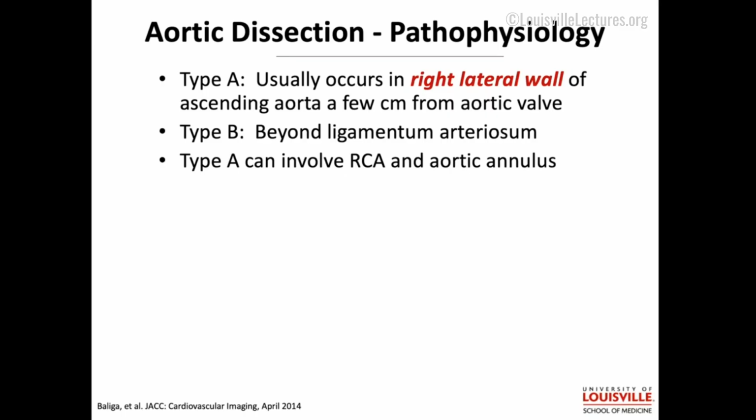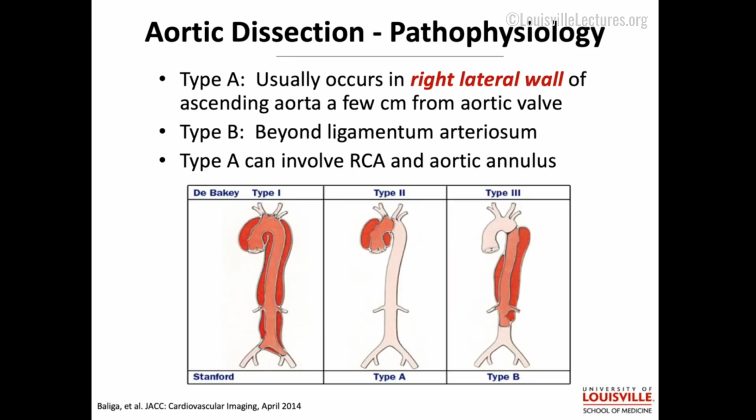Type A's can also dissect towards the heart and dissect the RCA. This is very bad news. You also have probably heard of the DeBakey types. For the most part, we just use type A and type B. Type A is anything involving the ascending aorta. Type B is if it doesn't involve the ascending aorta.